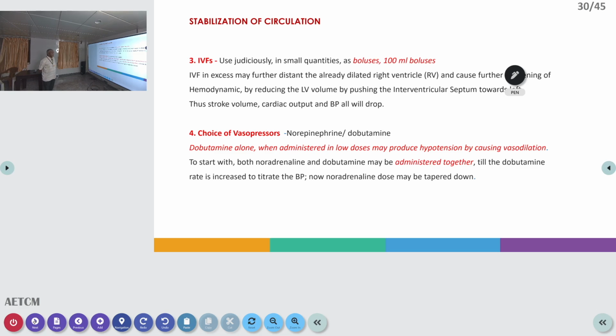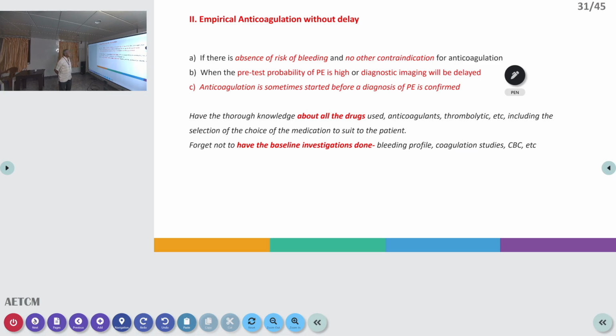So to avoid this, you can start with the combination of norepinephrine and dobutamine in a lower dosage. Then once the patient's BP is slowly maintained, you can increase the dobutamine till the BP is coming up. Then you can think about reducing or weaning out the norepinephrine part. Don't start dobutamine alone and at a higher dosage at the starting itself.